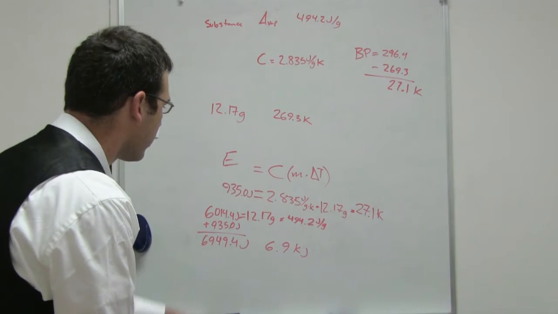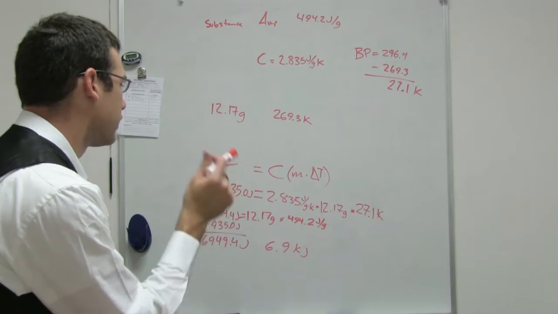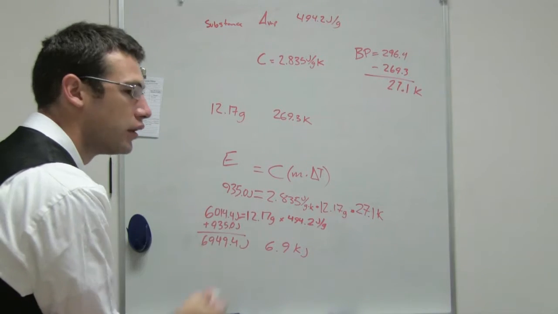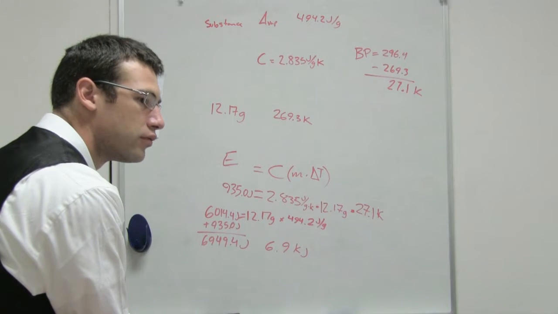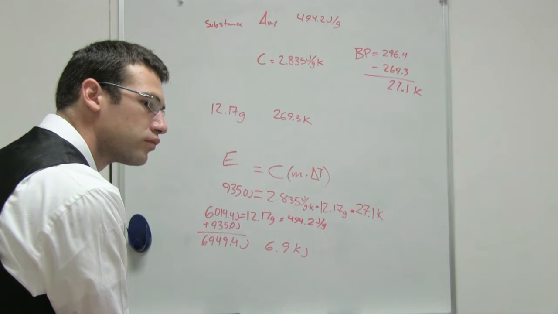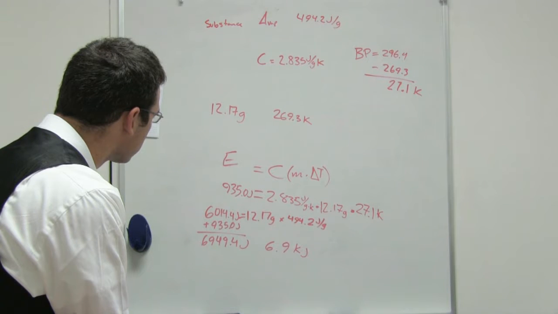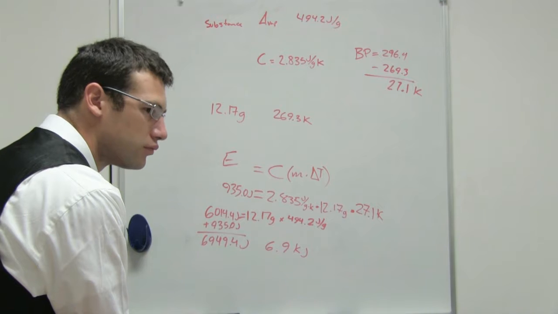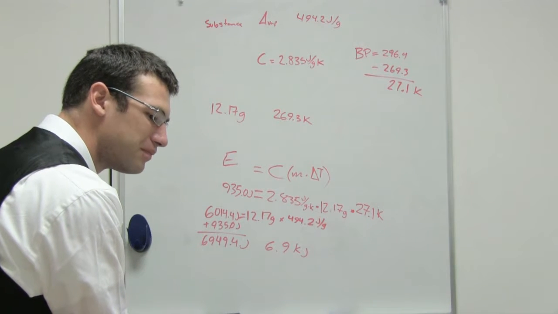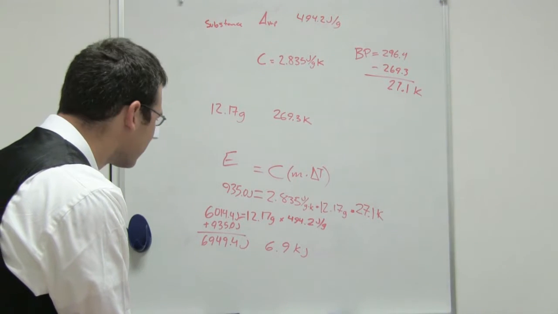And then the 6,000 was the energy required for the transition from liquid to gas. So if we were going in order, the 935 would come first because you raise the temperature to boiling, and then the vaporization goes because it turns into gas. Okay, I'm going to write that down.